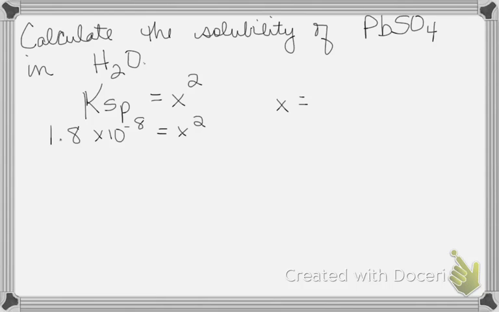For X, I'm sorry. Y'all pretend it said calculate the molar solubility, because I didn't want to do the whole molar mass thing. Do y'all get 1.3 times 10 to the minus 4 for X?